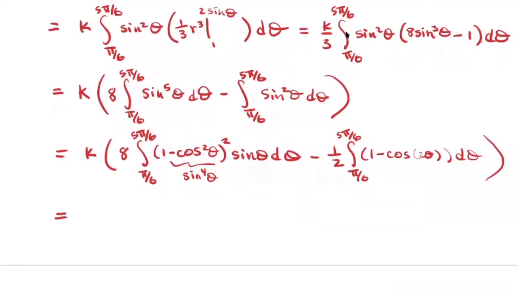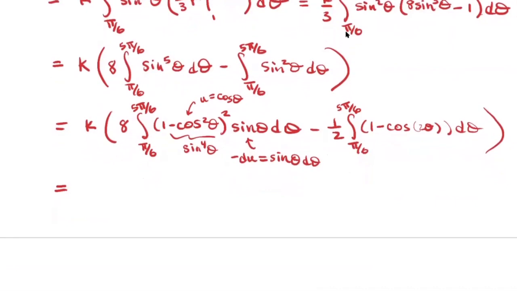Okay, so here we're going to say u equals cos theta, and negative du equals sine theta d theta. Oops, I forgot my equal sign, pardon me. The other integral is easy compared to this thing.